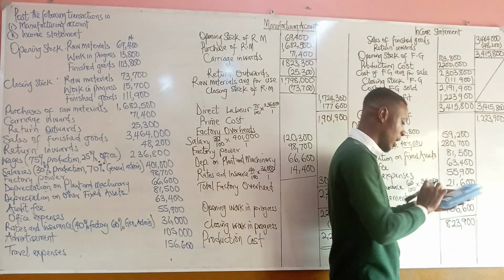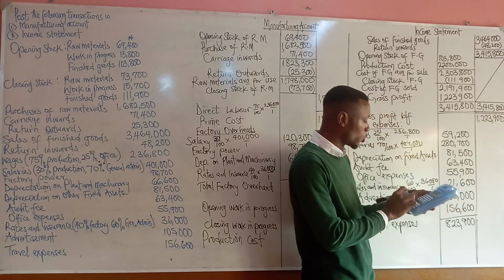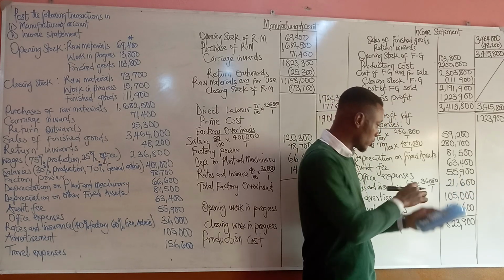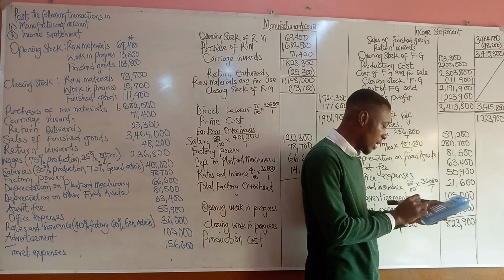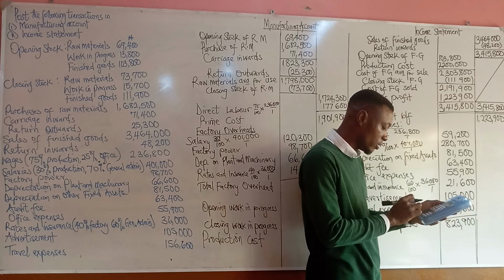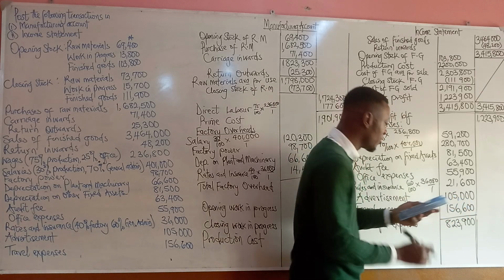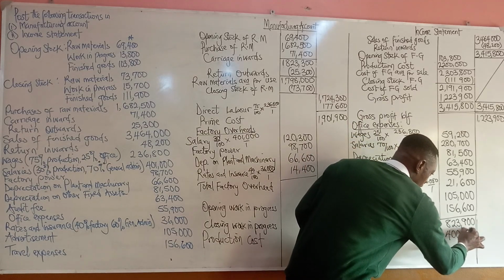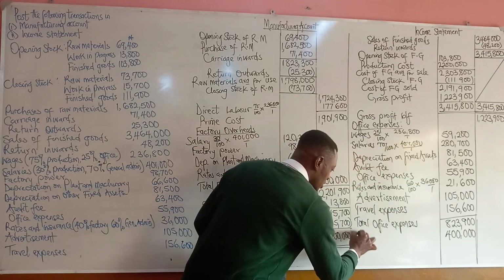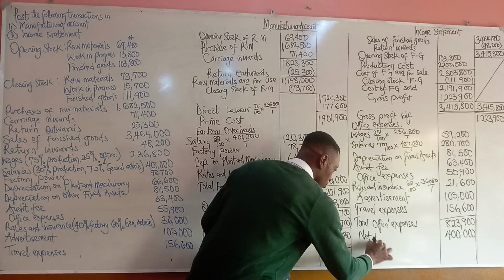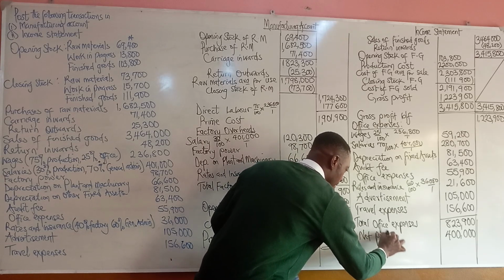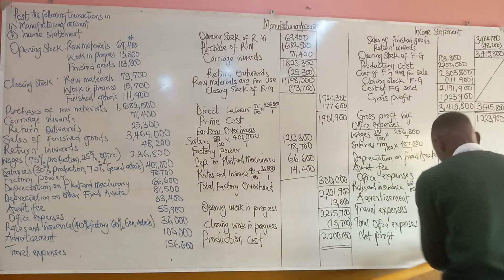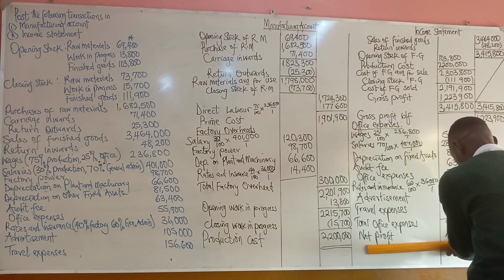So I'm going to subtract 823,900 from 1,223,900, which will give me 400,000. I'll add it here. Meaning, this is my net profit.